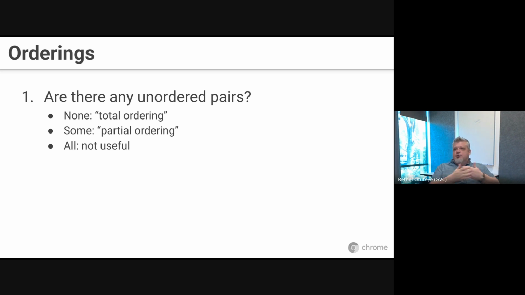And when you have things where you can't ever compare anything, then that's not very interesting to us. Note that this total versus partial is distinct from the math sense, where all total orderings are also partial orderings. C++ says no, they're partitioned: a partial ordering is distinct from a total ordering.